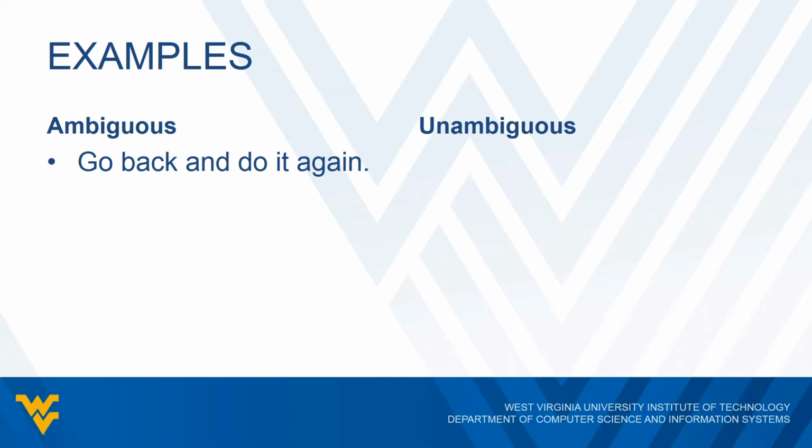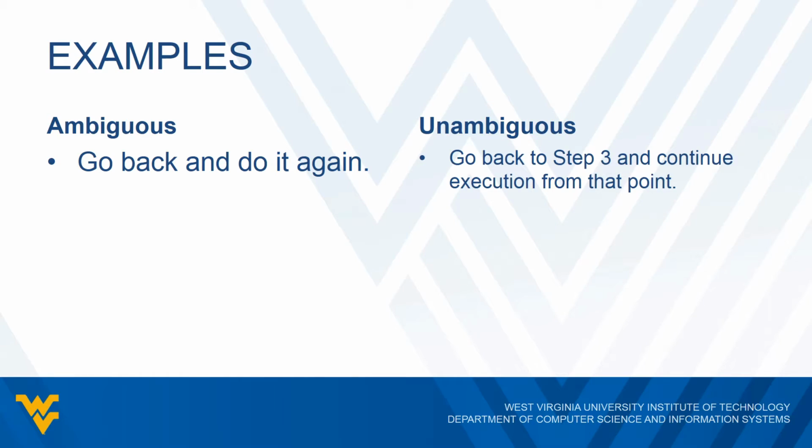There could be a specific step we repeat, or several steps, but we don't know which ones. Something more precise, more unambiguous, would be: go back to step 3 and continue execution from that point. This gives us very clear details on what we're supposed to do.